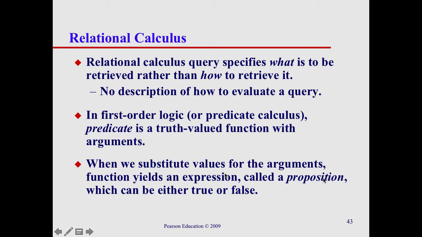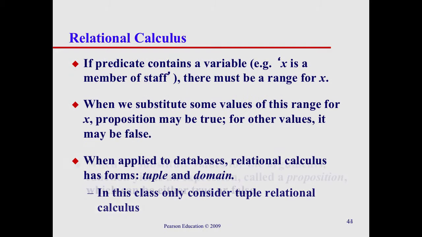Okay? So these are just mathematical terms that mathematicians throw around for things that you probably intuitively understand, but they like to talk about things formally. So then they want to talk about the different ways that you form these predicates.